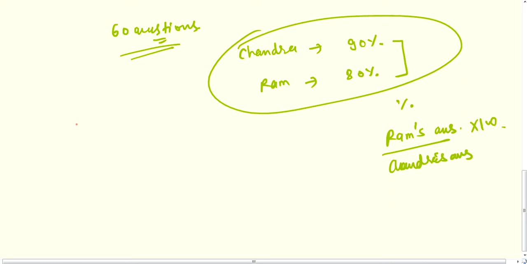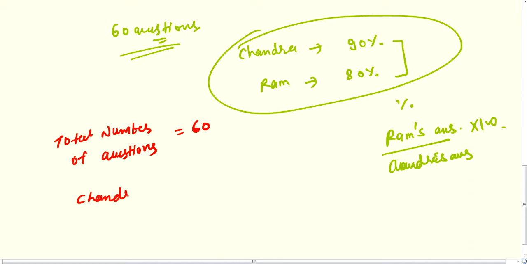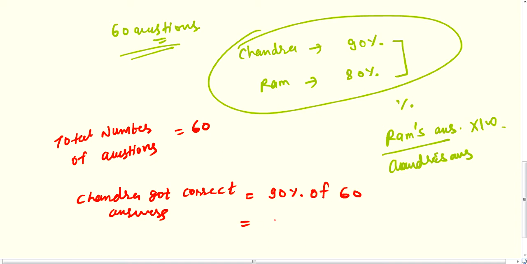Total number of questions equals 60. Now Chandra's correct answers equal 90% of 60 questions. 90% can be written as 90 by 100 into 60. 0, 0 get cancelled, 0, 0 get cancelled.